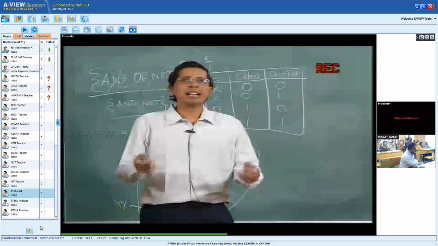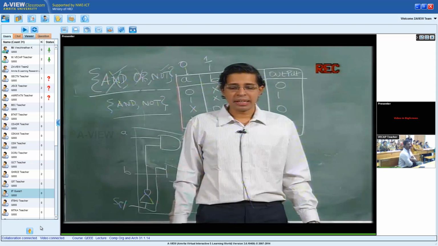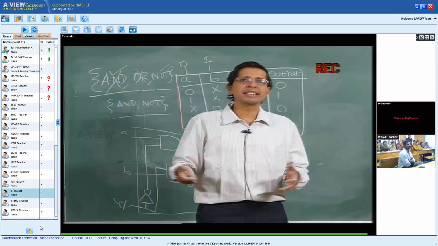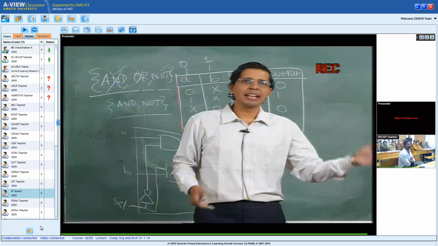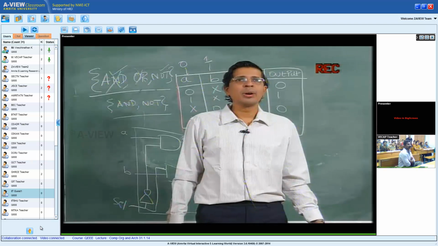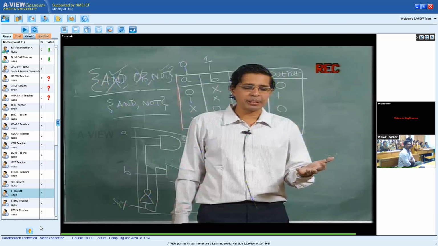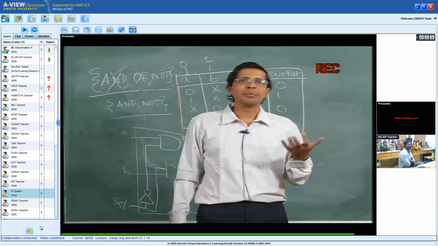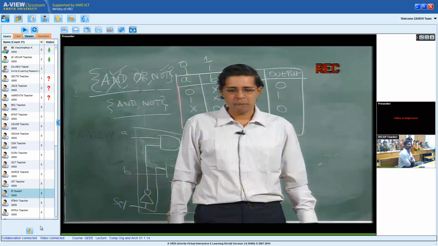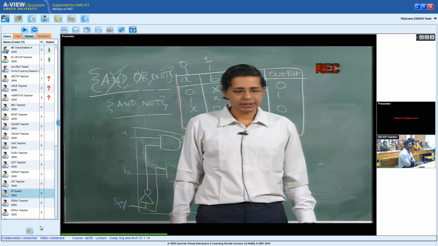For example, we may use an XOR gate for implementing a comparator, but ultimately when you see how XOR gates are implemented in the real hardware, it is again using NAND gates. So all logic functionalities, if you really see how it is implemented on a chip, will be using the NAND functionality.